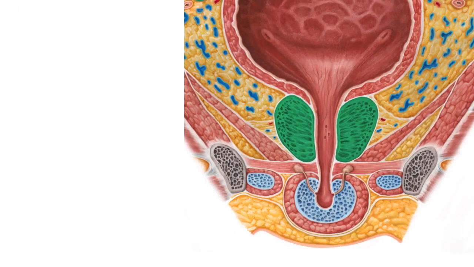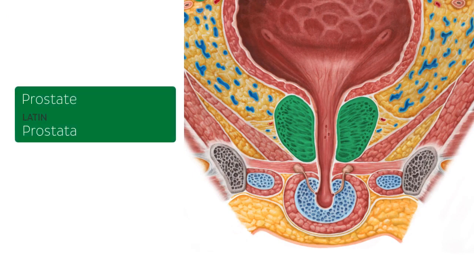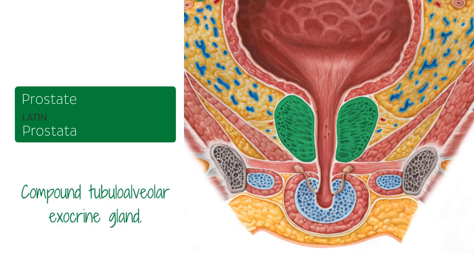Next structure I would like to highlight here on this section of the urinary bladder is the prostate. And as we saw previously, the urethra is surrounded by the prostate at the prostatic part, and the prostate is located below the urinary bladder. This compound tubuloalveolar exocrine gland secretes an alkaline fluid that makes up 30% of the volume of the semen.